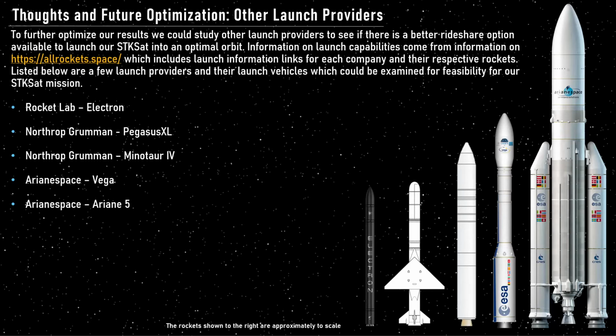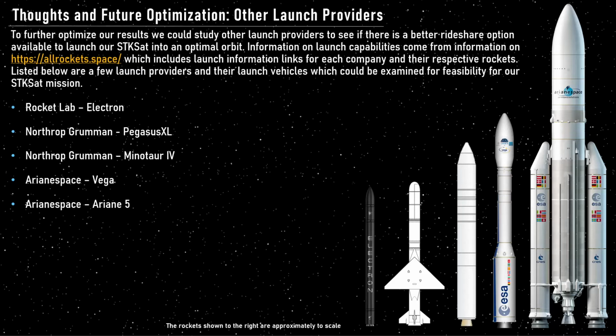Listed below are a few launch providers and their launch vehicles which could be examined for feasibility for our STK-SAT mission. The rockets shown here are approximately to scale. This lab could easily be modified to examine other launch vehicles with the provided manufacturer performance information.